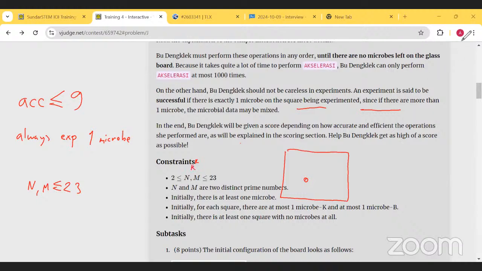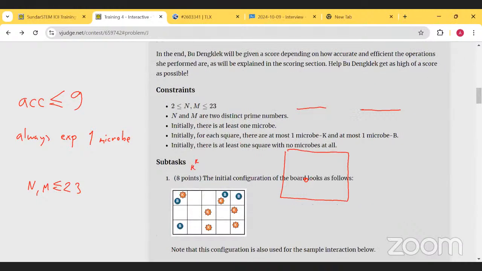We can utilize this constraint. Initially, there is at least one square with no microbes. And from an empty location, we can move it by one, or accelerate by one.